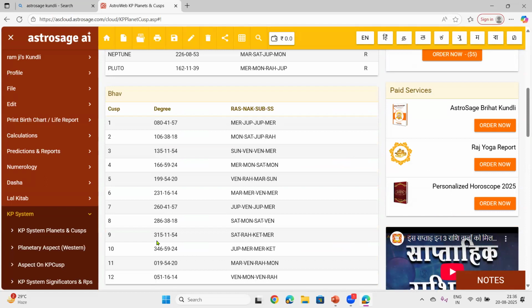So we will find out how the connections are going to predict the date also. Now come to the second house. The second lord is Moon. Yes, sir. If we go to the sublord level for the connections, then we can at best see the connection of Saturn here and the connection of Venus here in the 11th.